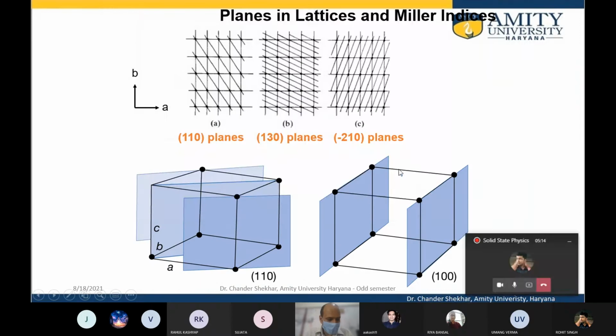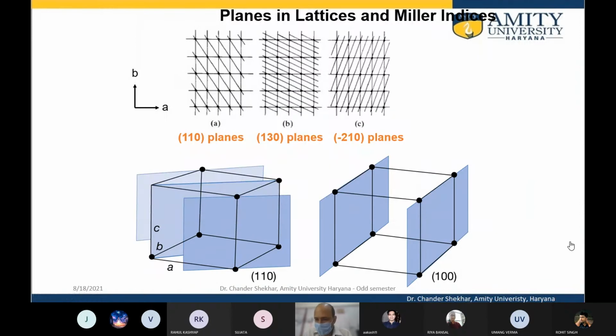So we are looking at the different types of crystal structures, how the crystal structures are drawn, and how the Miller indices of a particular plane are calculated and shown on the crystal structure.